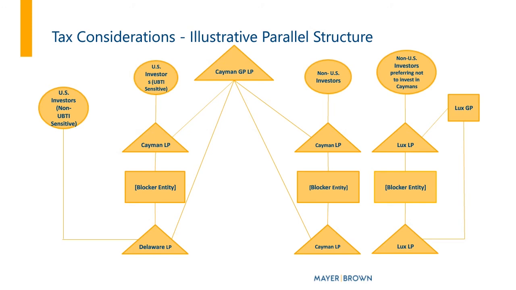Moving on now to a slightly simplified and anonymized version of a fund for which we've helped investors go into. This is a typical structure for going into investments in the US.